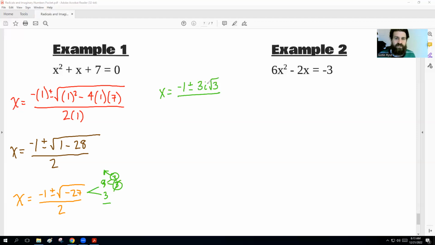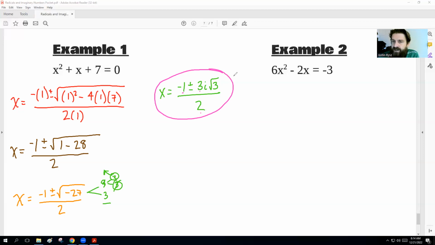Normally, if that was a regular 27, we'd say that this is 3 radical 3, but since it's imaginary, we say it's 3i radical 3. And the last thing we would do is see, do the numbers on the outside, can you divide them all by the same thing? If you can't, that's the solution. So this is negative 1 plus or minus 3i radical 3 over 2.